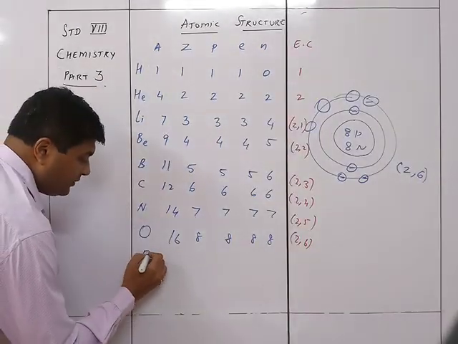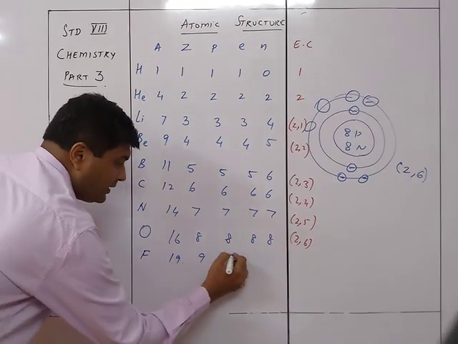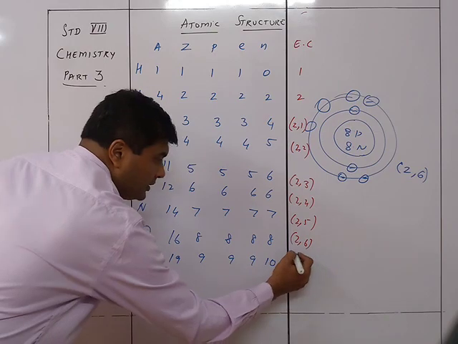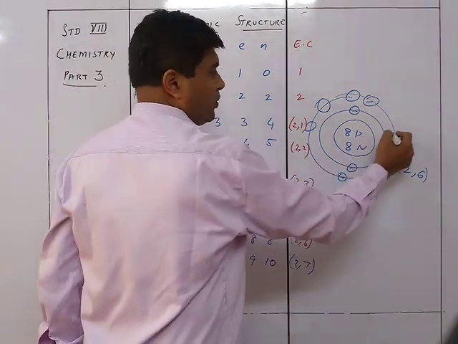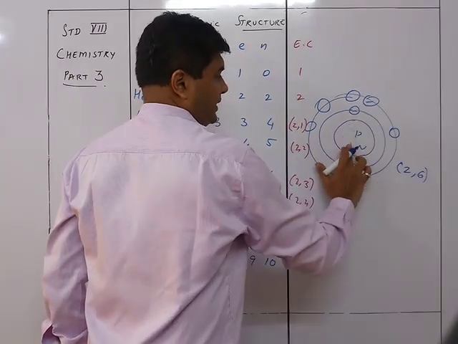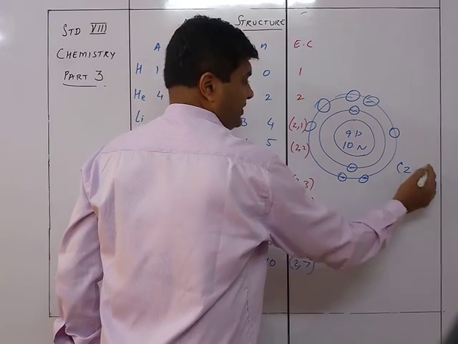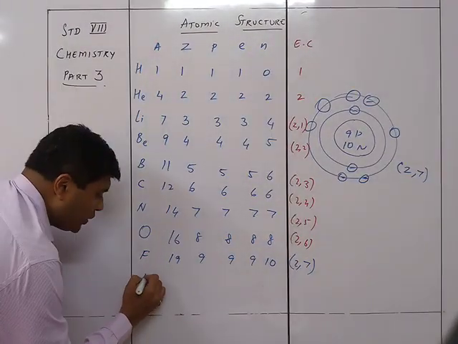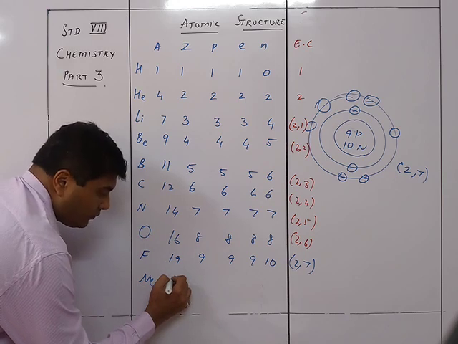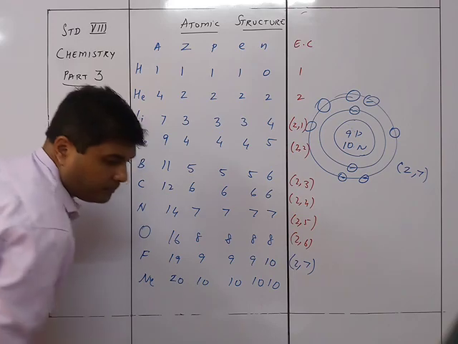Then we come to fluorine. The mass is 19, 9, 9, 9, 10. So this will be 2, 7. There will be one more electron here. This will be 9, 10, and this will be 7. The 10th one is neon, that is 20, 10, 10, 10, 10.